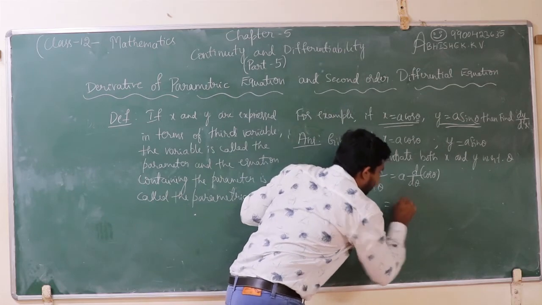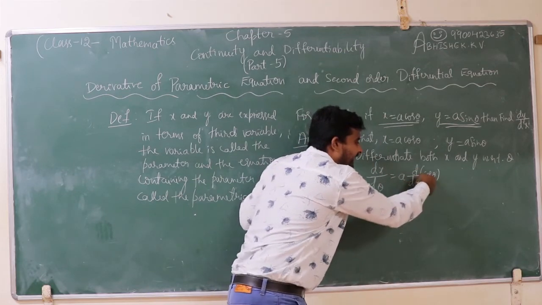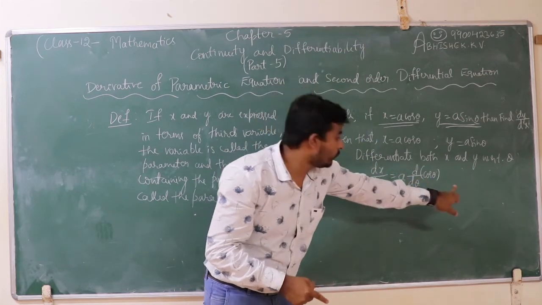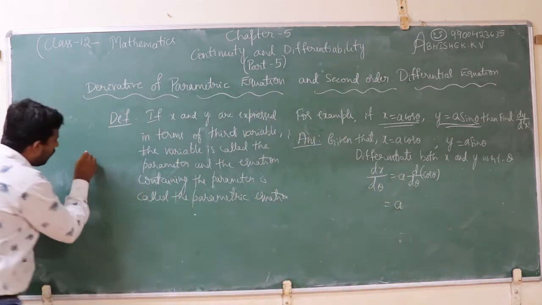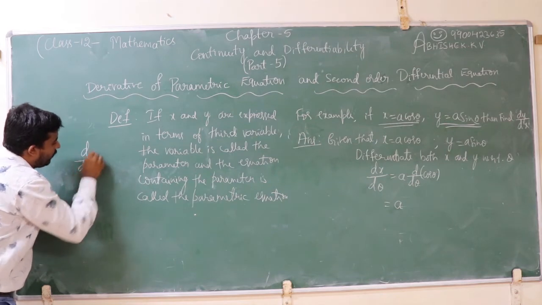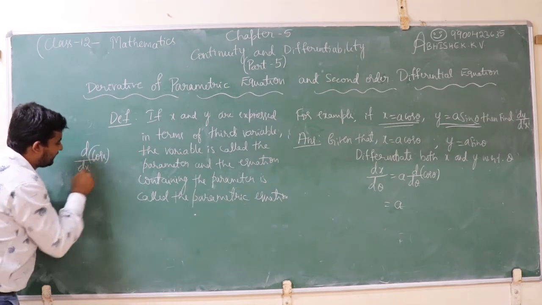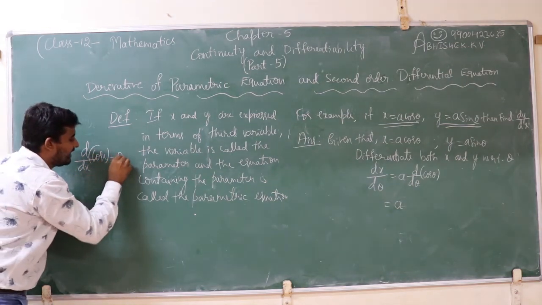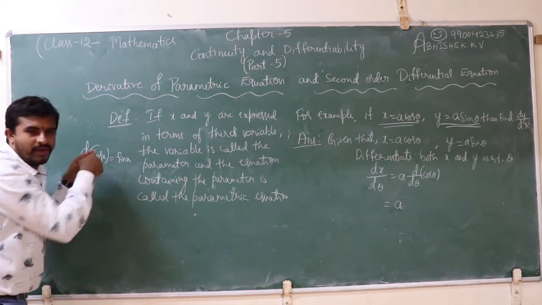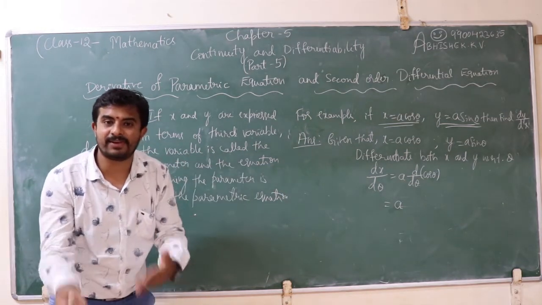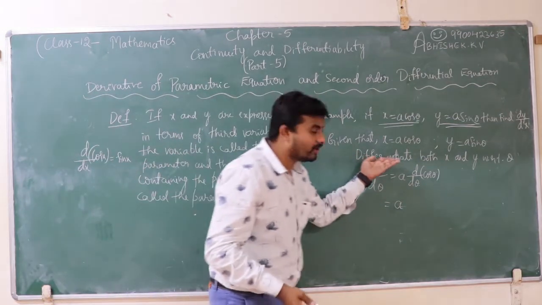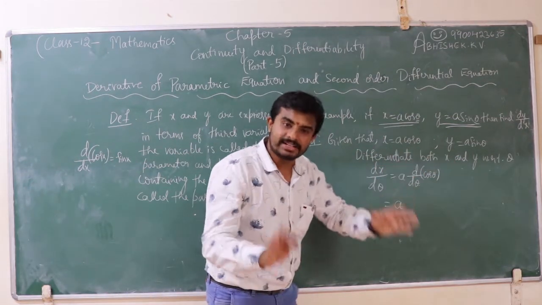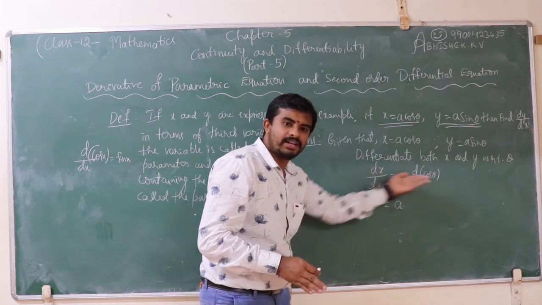We know the derivative of cos x with respect to x is minus sin x. Instead of x, we have the third variable, theta. That's why we differentiated x and y with respect to theta.